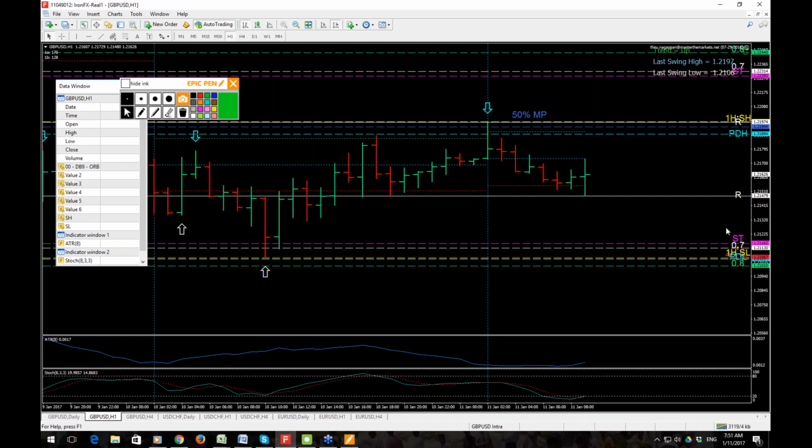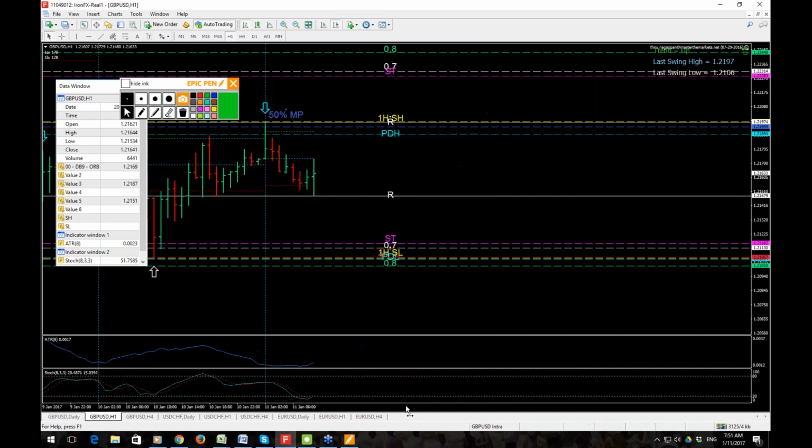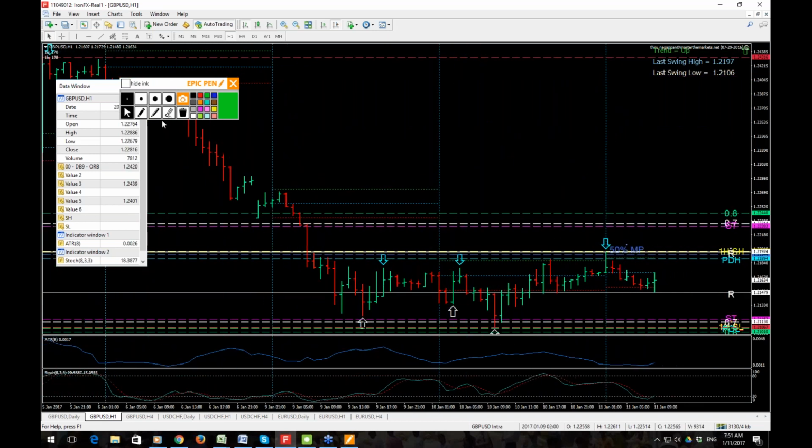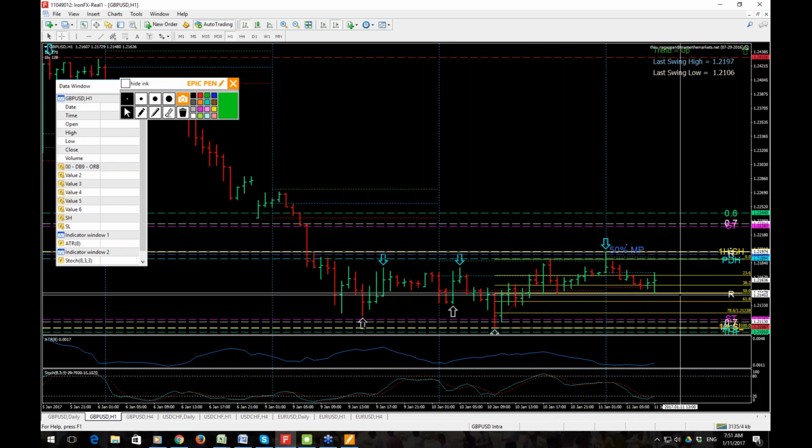Great. So we got all these levels over here, and the final level that I usually look at is our 50% level from yesterday's range. So 50% of that would be this point here.